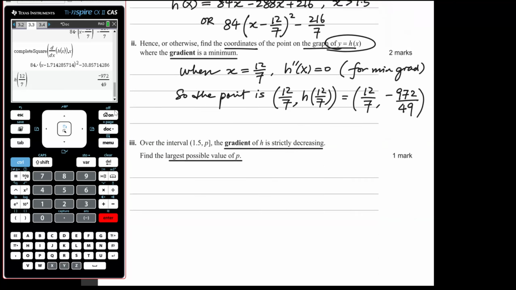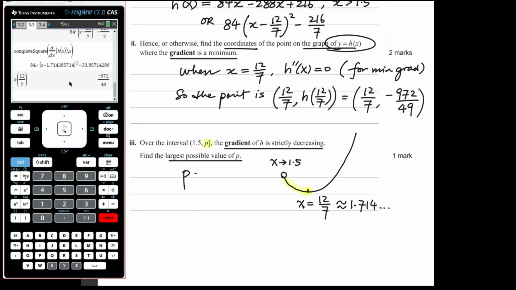And the gradient is strictly decreasing. Well, if you look at the parabola like that, we know this is x approaching 1.5. This point is x equals 12/7, which is rounded to 1.714, etc. So actually, the graph is strictly decreasing from here to here, including this p-value.